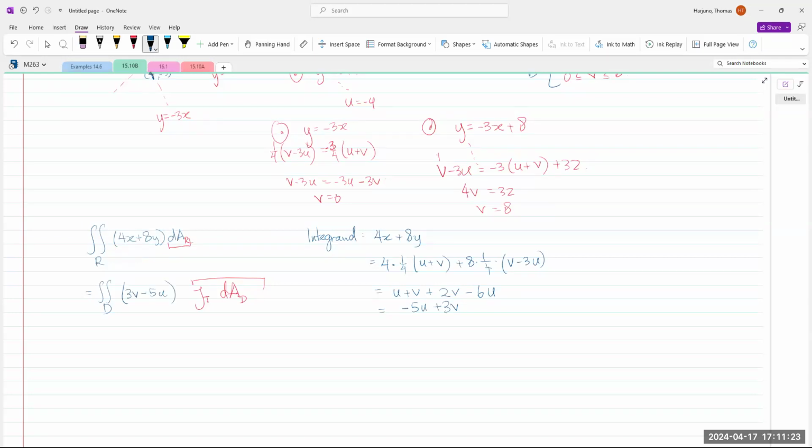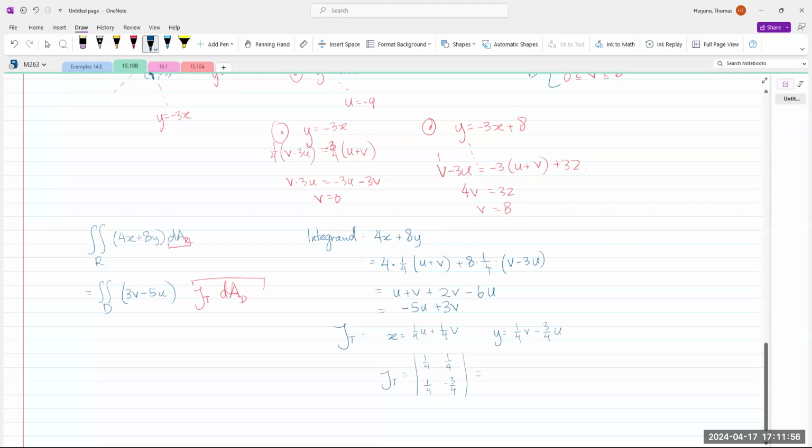How about the Jacobian? We already have x equals 1/4 u plus 1/4 phi, and y is 1/4 phi minus 3/4 u. So the Jacobian will be 1/4, 1/4, 1/4, negative 3/4.